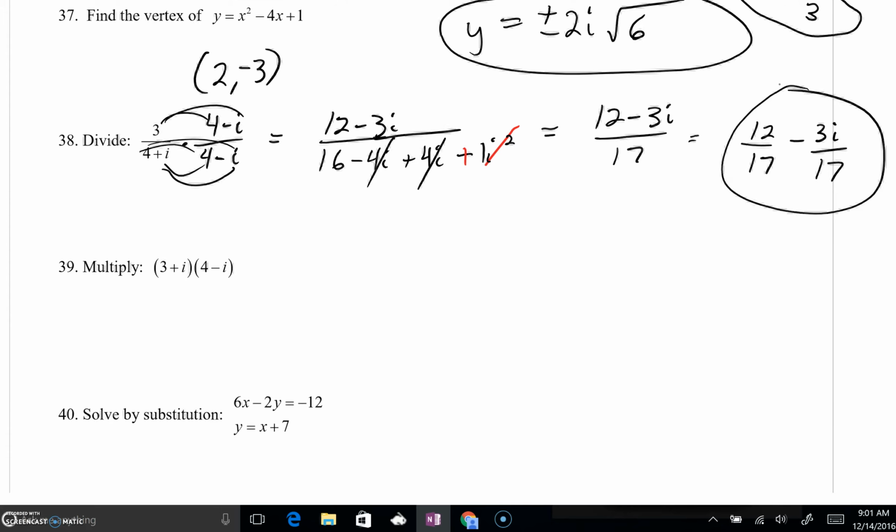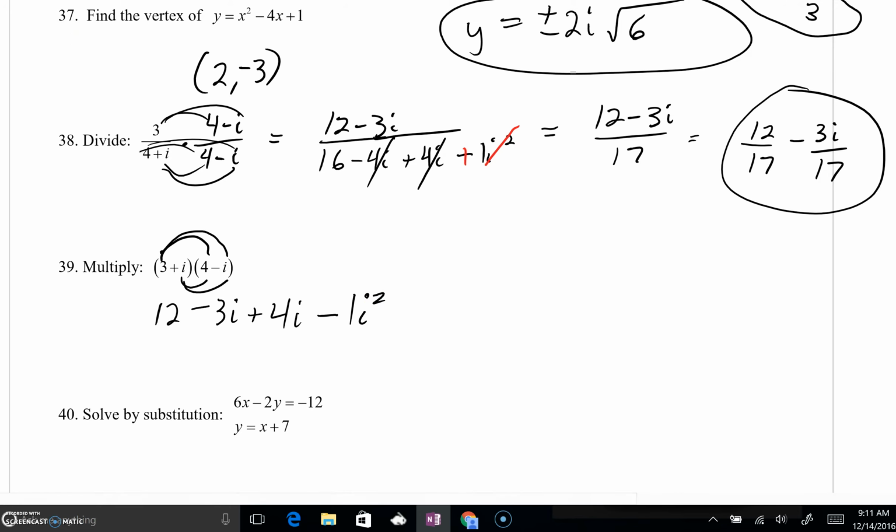For number 39, straight multiplication, we just did some, honestly. 3 times 4 is 12. 3 times -i is a minus 3i. i times 4 would get you 4i. And here's i times -i, a -1i squared.